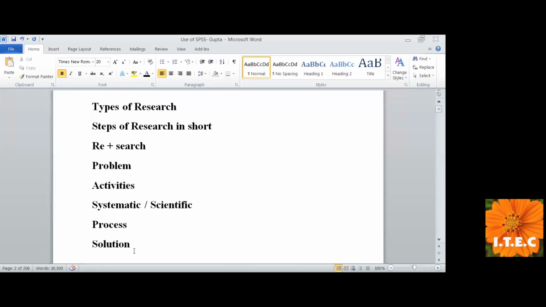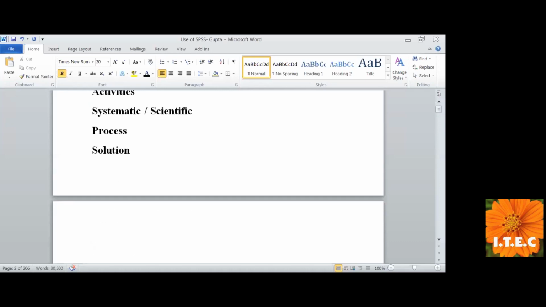Each word is a characteristic of research. And you have to write the definition of research by using these 5 words. Your teacher might not have given such a definition to you. So let us try to write the definition.